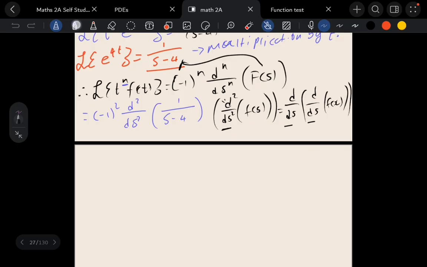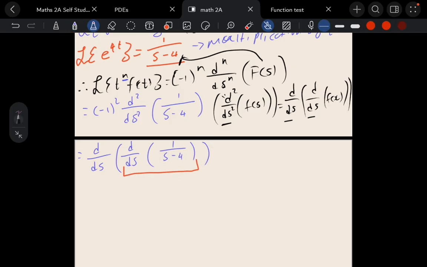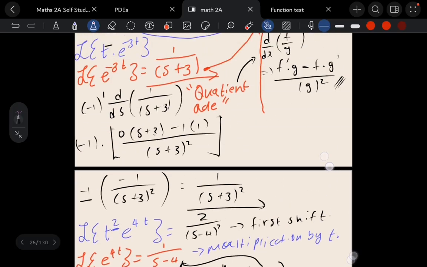So how can we calculate this now? We are going to say it's 1 because negative 1 all squared is 1. So I'm going to have now d over ds of d over ds of 1 over s minus 4. First we need to derive the inside. How can we derive the inside? We need to remember the quotient rule.